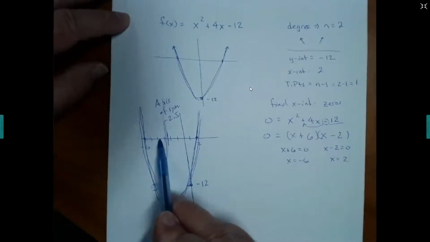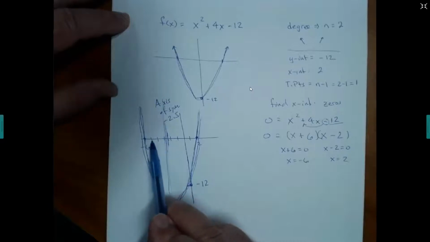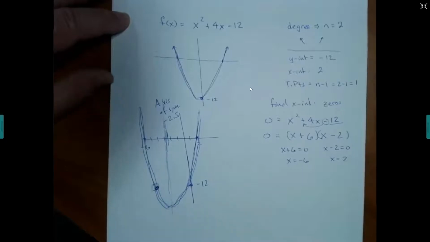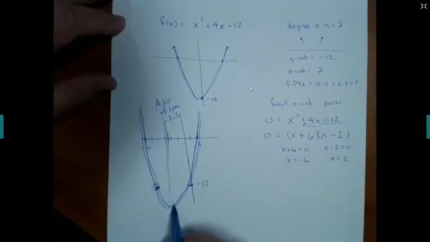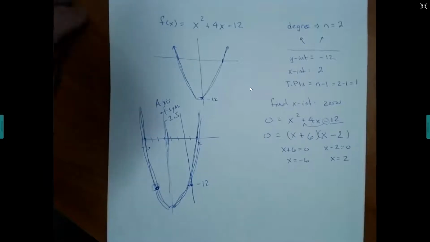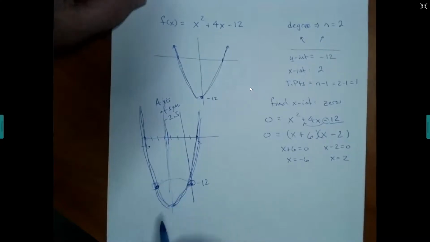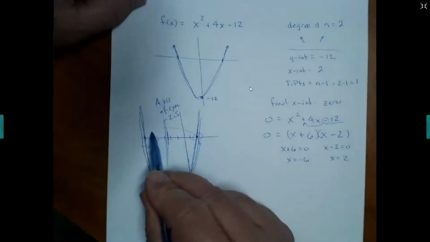So go negative 2 this way, 1, 2, and down 12 spaces. So we can plot that point. Because of symmetry, this point has a mirror on that side.